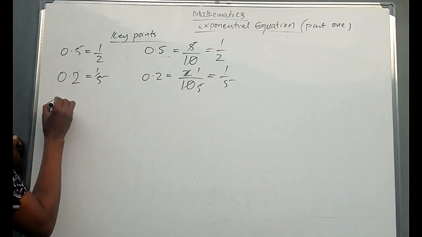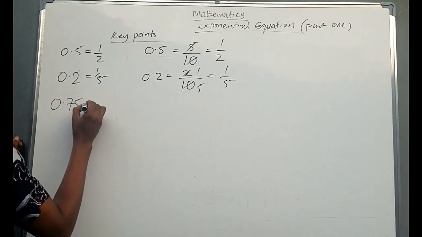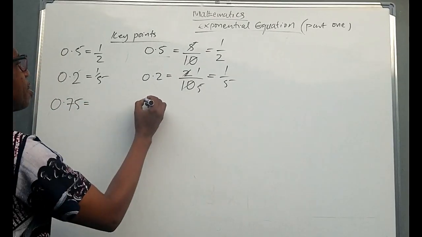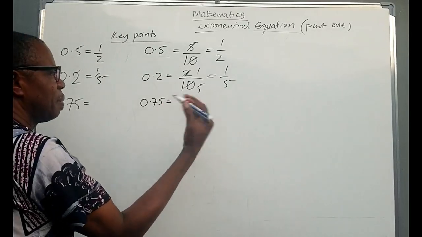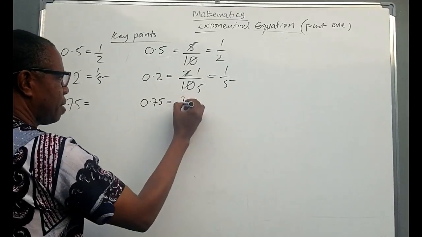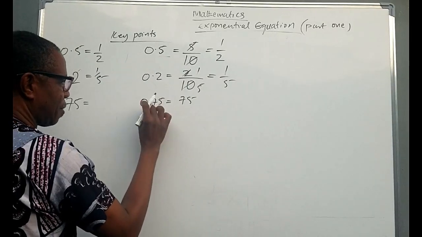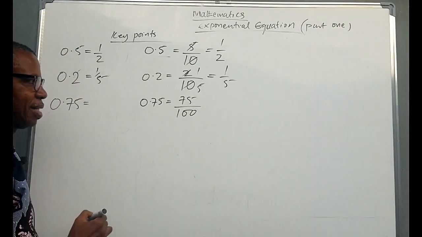If you have something like 0.75, you don't need to bother your head too much. The same process works. Just write 0.75 is 75, since you have two numbers after the decimal point, just divide by 100.